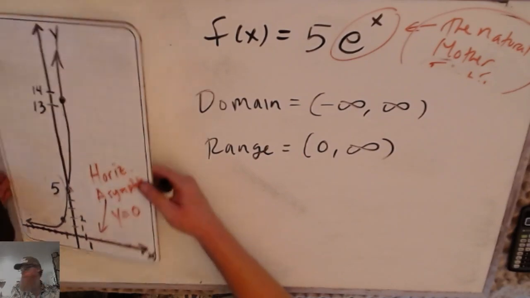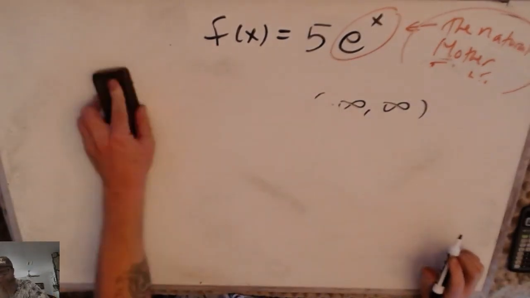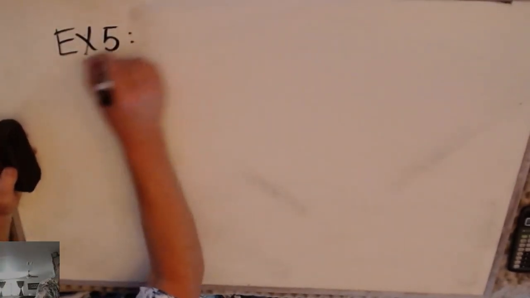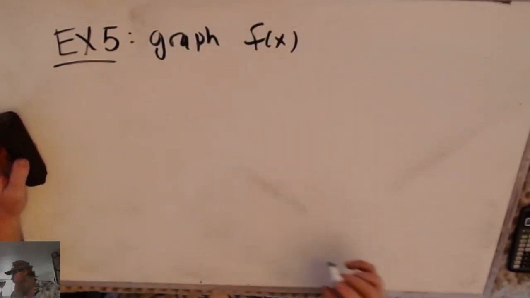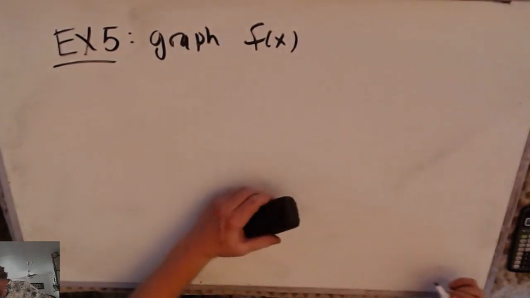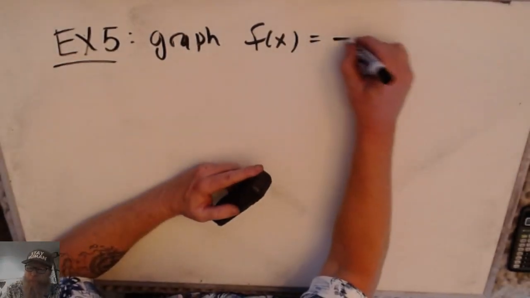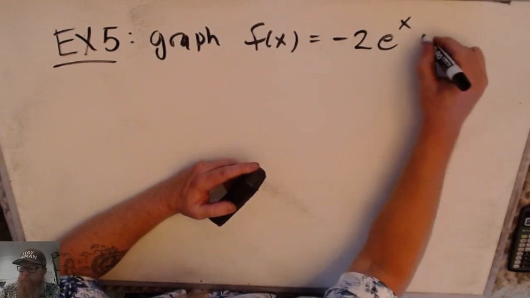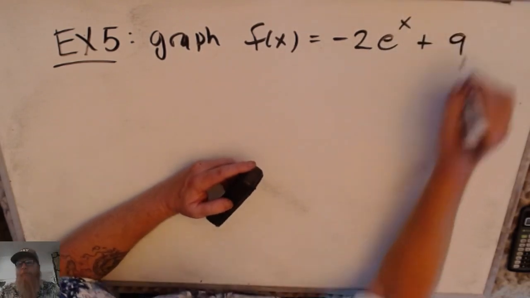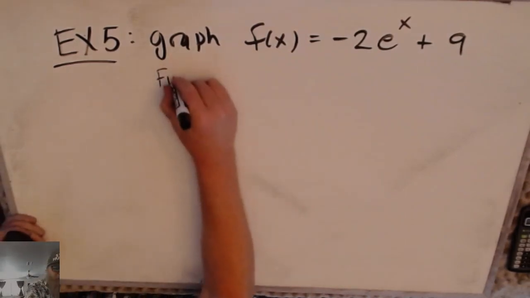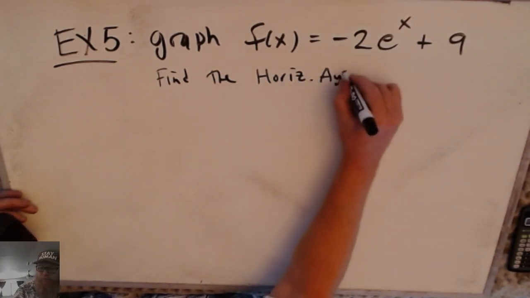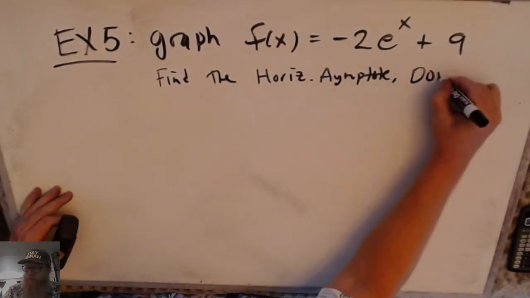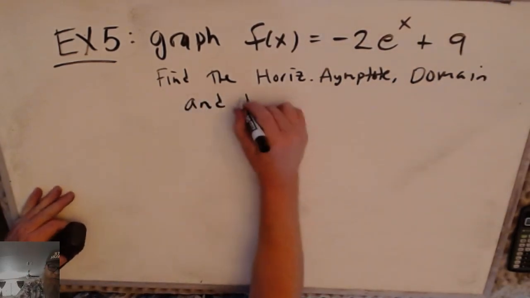Let's try another one. So graph this function, find the horizontal asymptote, the domain and the range.